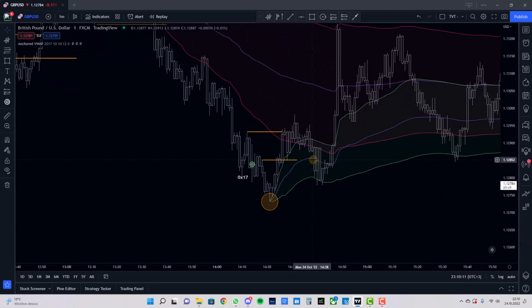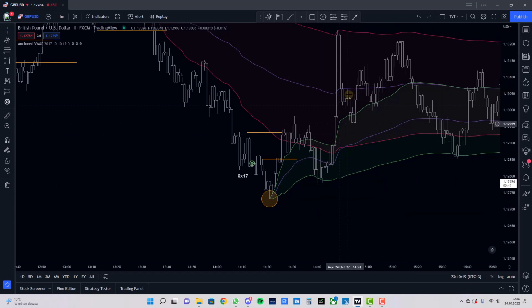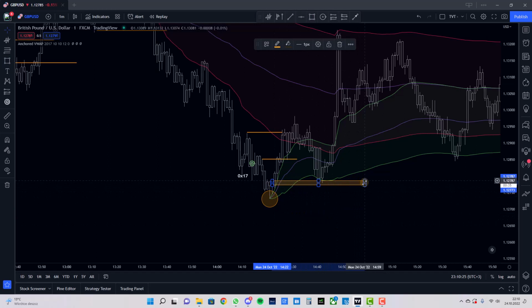So I'm not placing any buy limit orders, never. Always wait for the candle closure. This is very, very important. So what happened? Maybe here is the fair value gap, which wants to be respected.